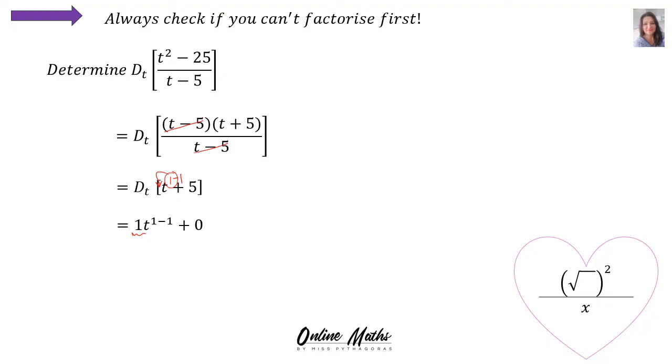And then on the 5, the constant, remember the derivative of a constant is 0, and you can only write 0 for me. And then just to complete your sum, you will say on the exponent 1 minus 1 is 0, and then you end with 1 times t to the 0, and remember anything to the 0 is 1. So 1 times 1, and then the answer there is just 1.